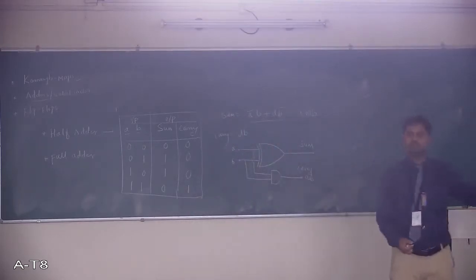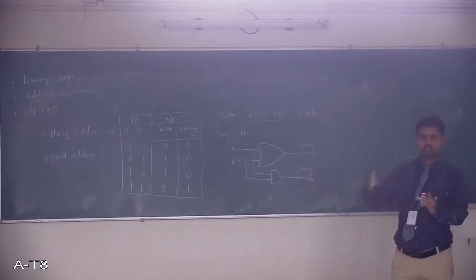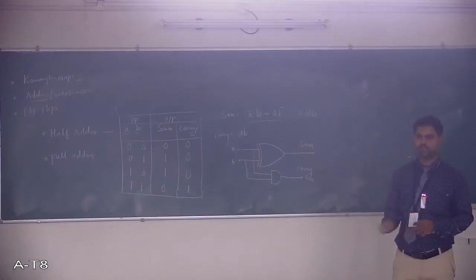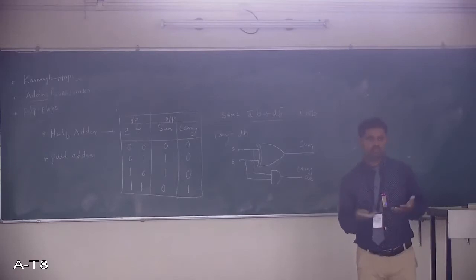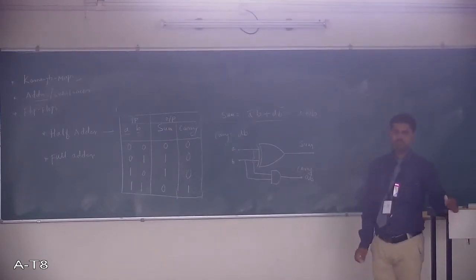Simple. Based on the logical expression, you should choose the gates and use them. This is using basic gates. You can implement this with the universal gates also, using only NAND and only NOR. You just try it. That becomes a practice for you.